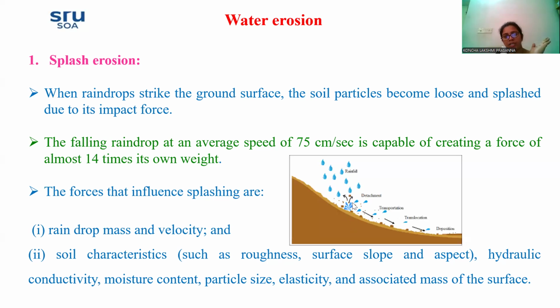So here you can see the detachment of the particles, and then after the detachment, they are transported from one area to the other area. Then they reside in one area, that is the translocation, and are deposited in one place, that is the deposition.